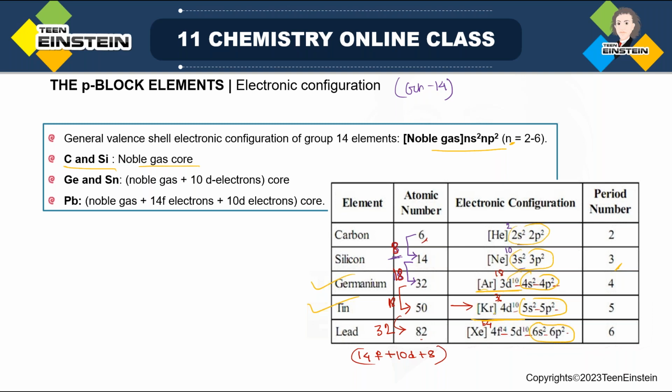I am saying core because it is fully filled. And this part is common. So before the common part, we have noble gas plus 10d core, and for the last element Pb, we have noble gas, after that 4f electron core, and then we have 10d electrons. Okay, so this is the information regarding the electronic configuration.